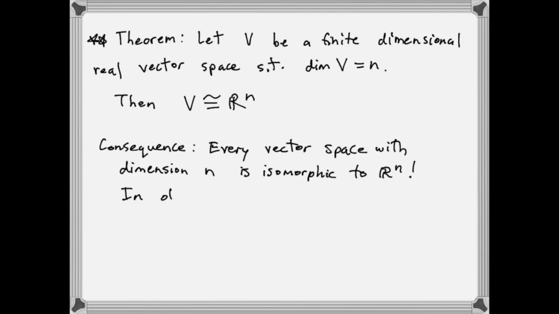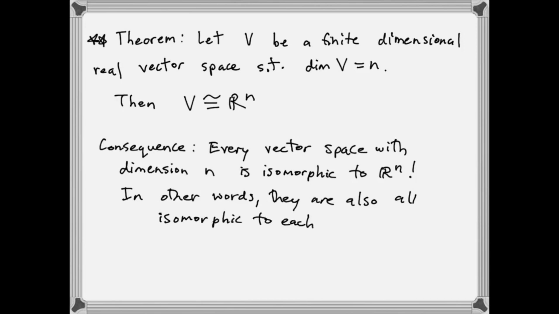In other words, they are also all isomorphic to each other. This is extremely important. If it sounds important, it's because it is, okay? What we're saying is that every vector space with dimension n over the real numbers is actually the same vector space as far as isomorphisms are concerned.